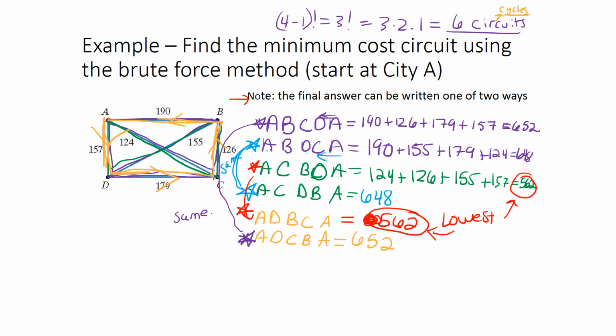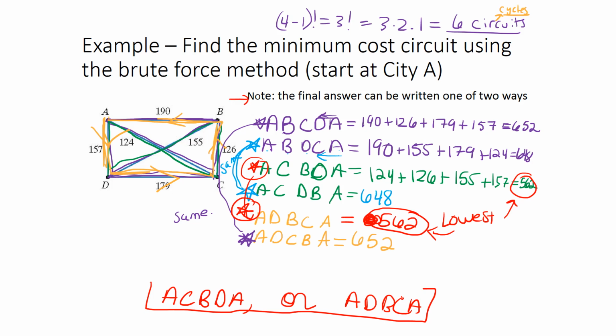Those are the lowest. So our answer can be written either way, ACBDA or ADBCA. Right? Either one of these two are the lowest, and it doesn't matter which way you write it.